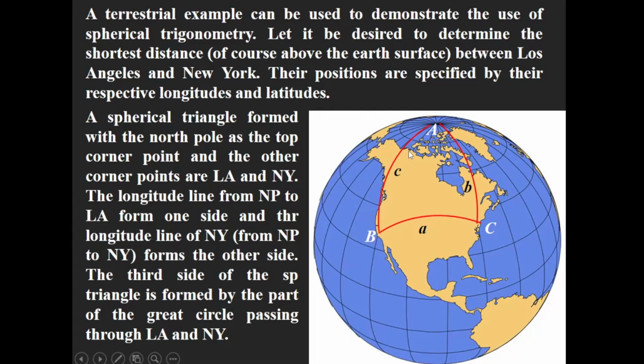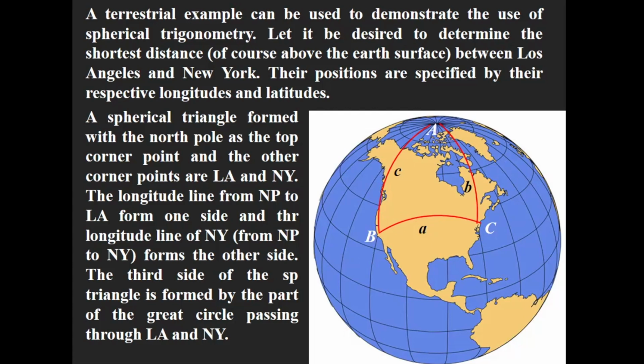So what is the angle A between the two? Can anyone tell? This is the longitude circle, or the plane which cuts the sphere of this Earth along these two directions.